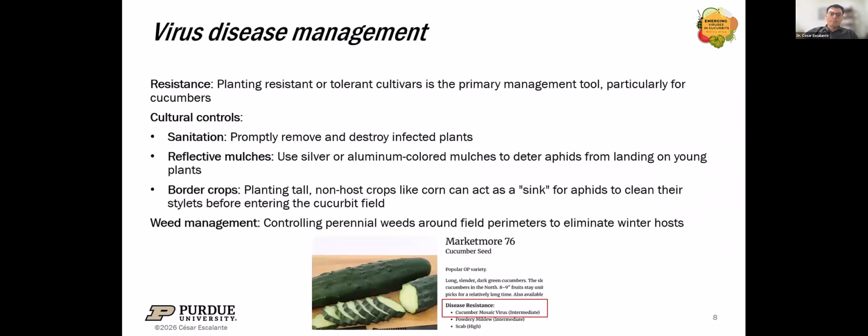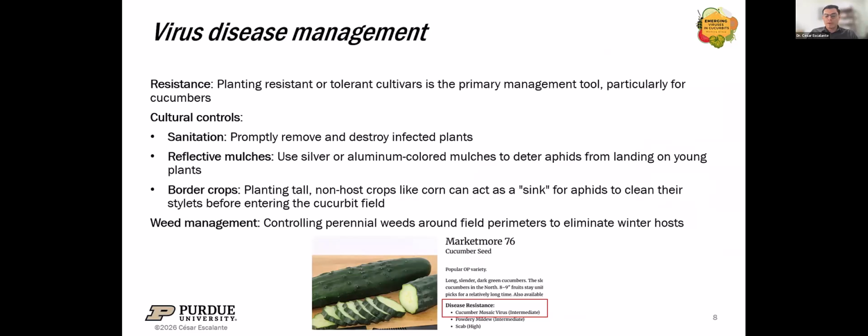And then when we talk about disease management, I always ask, how do we fight back? I always say that the first layer you should have is resistance. Many of us know that there is no cure for a virus. Once the plant is infected, no management you can do will prevent the spread.